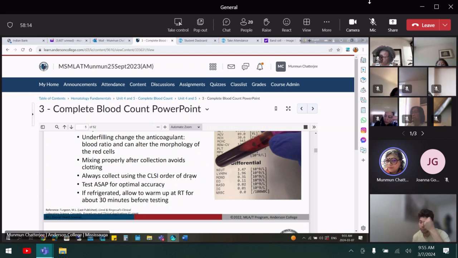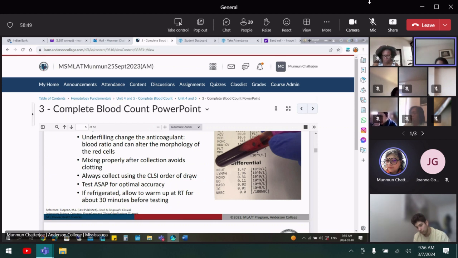You know CBC is lavender, but I want the order of draw from the electrolytes, complete blood count, and fasting blood sugar. Order of draw means which tube you are going to collect first, and then second, third, fourth, whatever it may be. Are you confident about that? You can answer, or I will ask someone to answer for you.